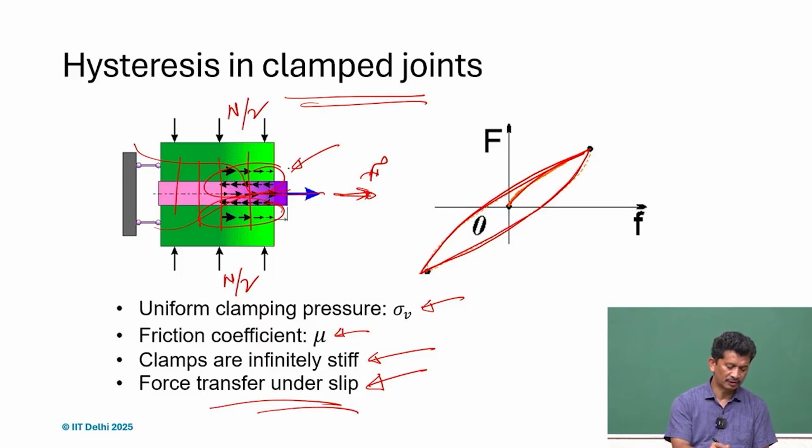But since there is a differential, I would say the distribution at the clamp point is not the same, so there will be some slip, and that force transfer will happen because of that micro slip.